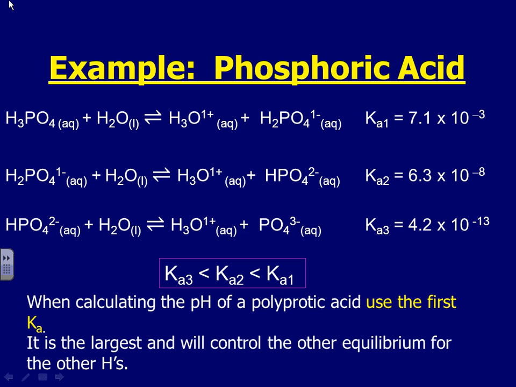And if we then think about what's happening to the dihydrogen phosphate, we can see there that the Ka2, 10 to the negative 8, getting weaker. A very small number of those H's fall off.